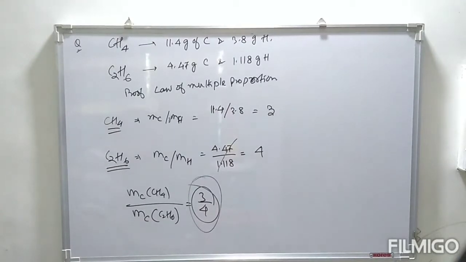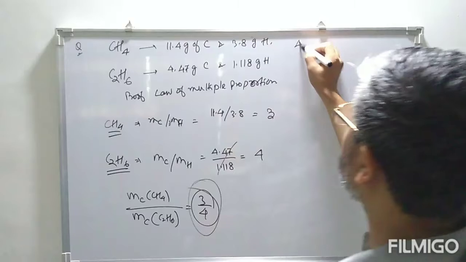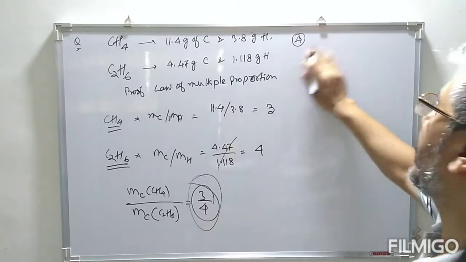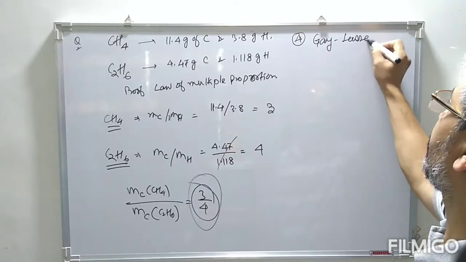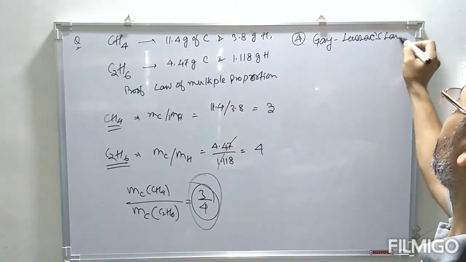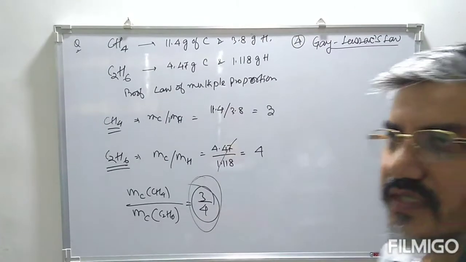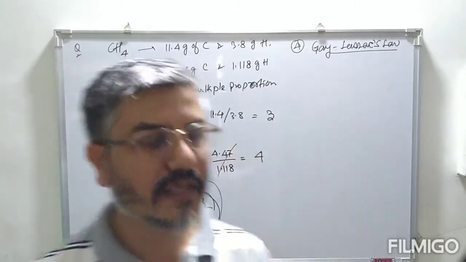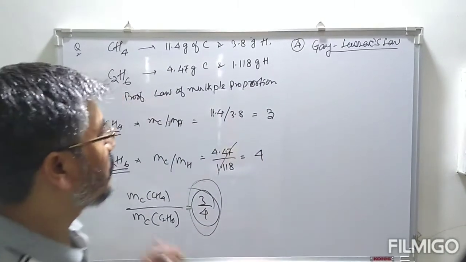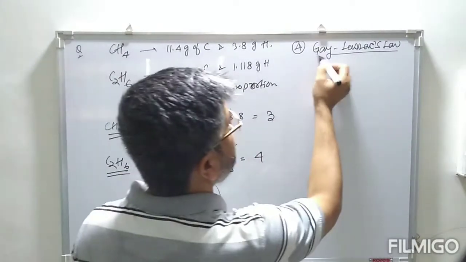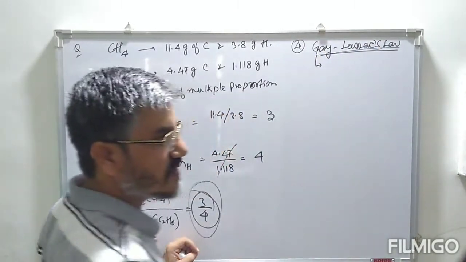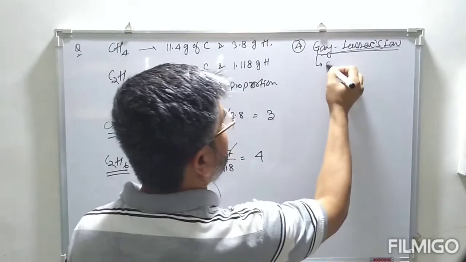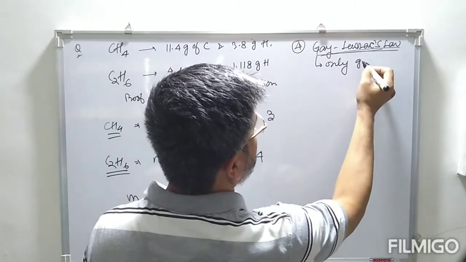Once we have this law of multiple proportion by mass, we have the next law, that is Gay-Lussac's law of combining volumes. Gay-Lussac is the name of the scientist who designed this law, and this is applicable only for gas.